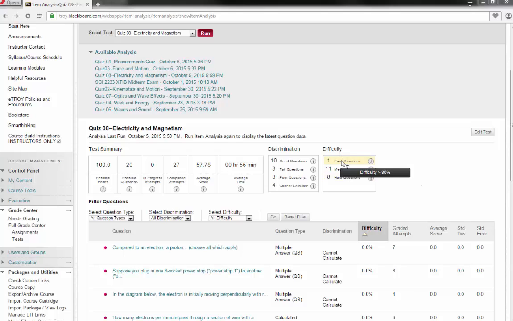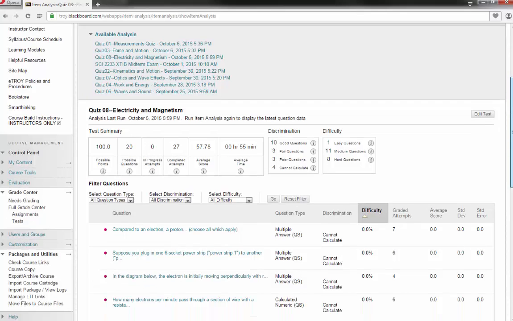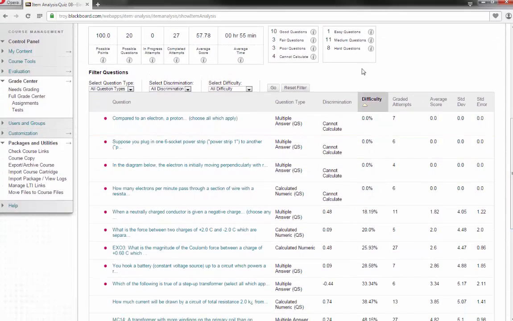There's only one really easy question and 11 in the moderately easy range, and then 8 more that are not as easy as the others, almost uneasy. So it says there are basically 8 hard questions. I see that a few questions had 0 people get the answers right.